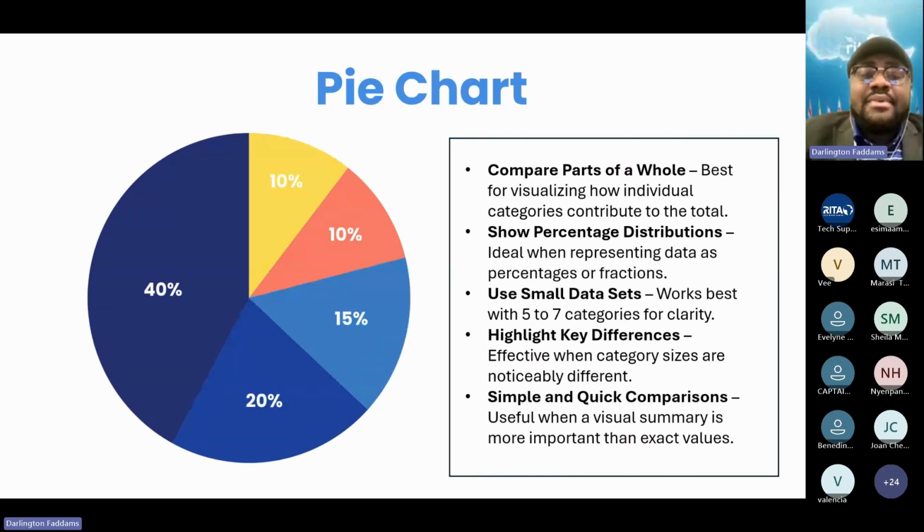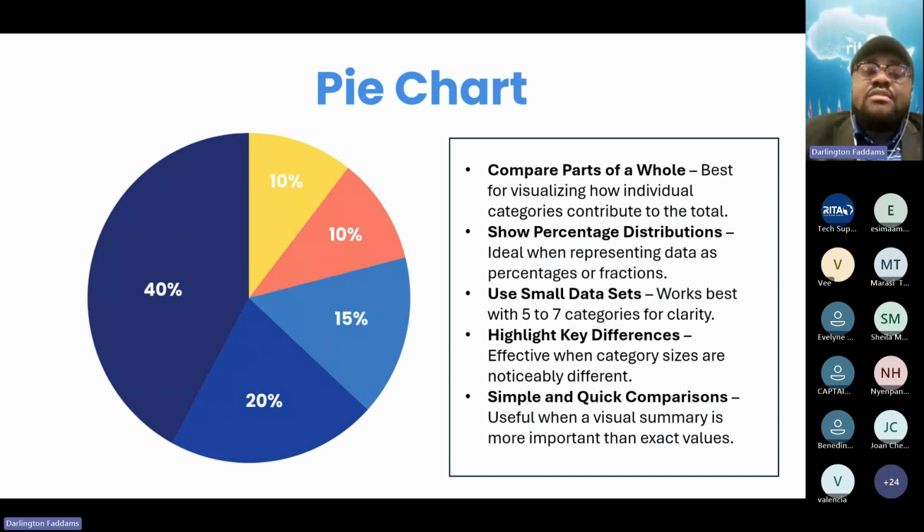And so pie chart is best for data items that are between 5 and 7. So if you are having 5 and 7, you can use pie chart for it. It's best for it.